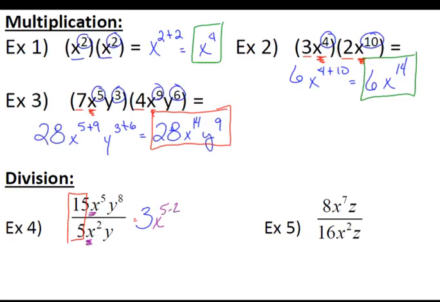We subtract our exponents instead of adding. And then I will have my y's. So I have y to the 8 minus 1. Even though 1 is not written there, it's understood to be there. So therefore, my final answer will be 3 x to the 3rd power, y to the 7th power.